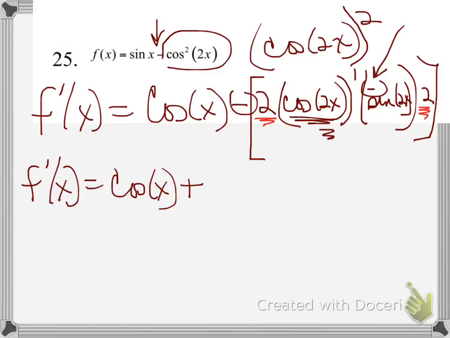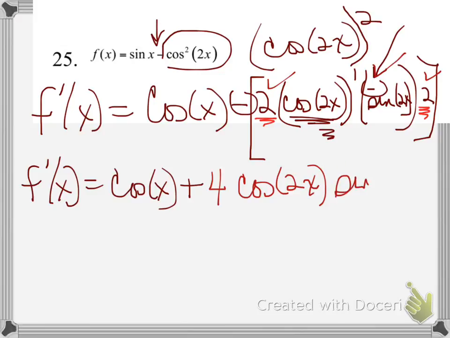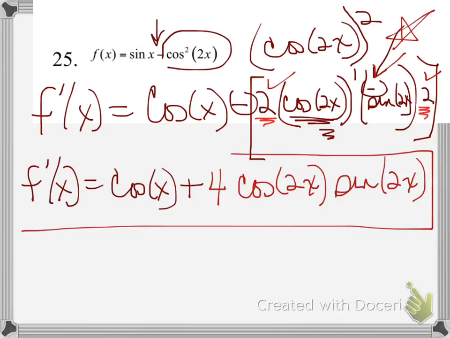So that's going to be a 4. So now I've taken care of the sign and the number. Now come your trig functions. So I have cosine 2x times sine 2x. And that's how your answer should be. You should never, ever leave this negative embedded in the middle of an expression. Okay, this is your final form, and that's what I expect to have as an answer.